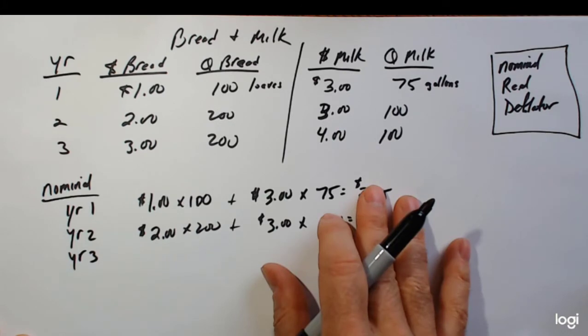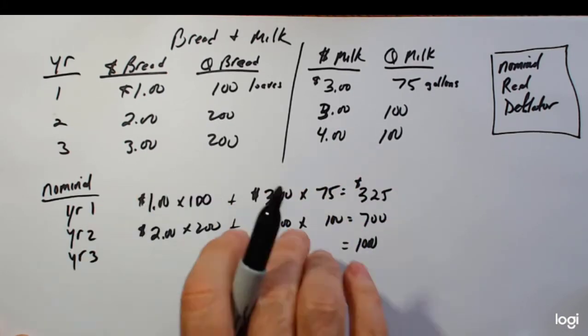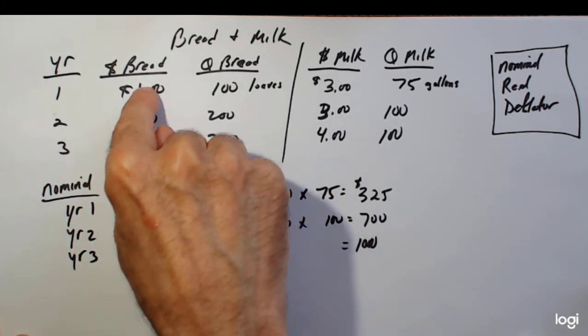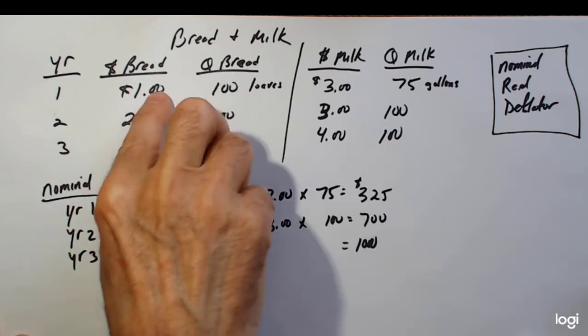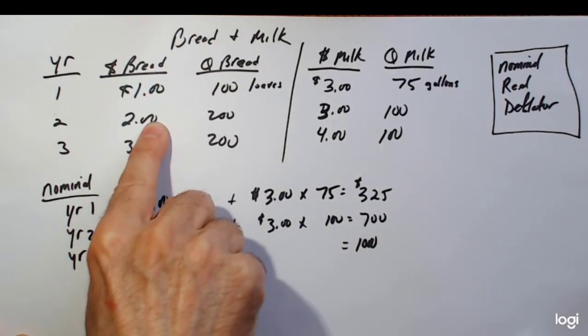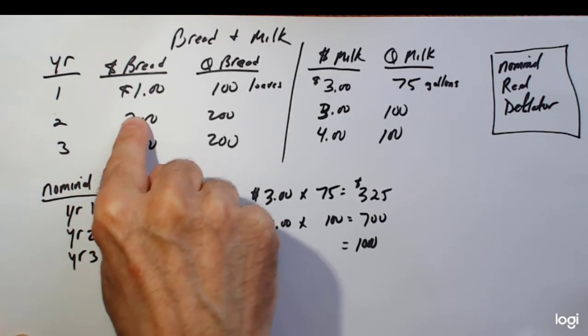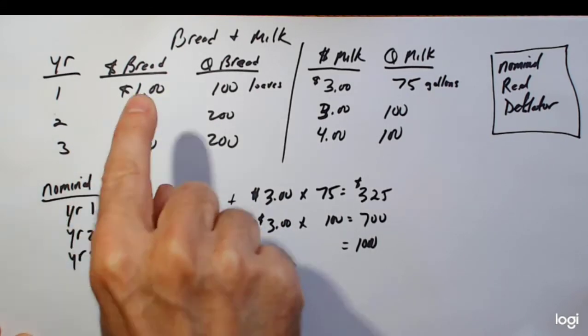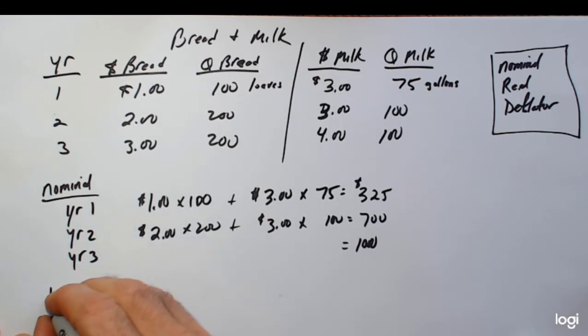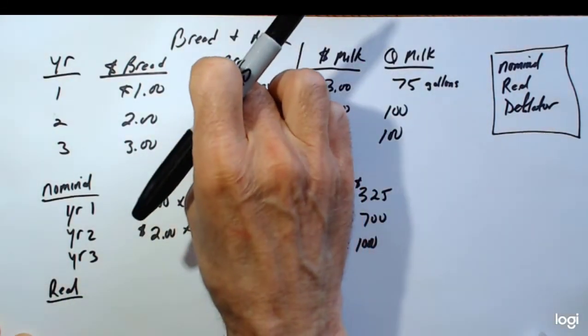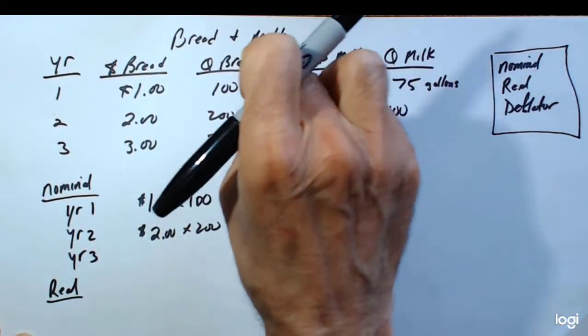Now what we want to do is extract the impact of prices going up. You notice the price of bread doubled. And we want to get rid of the effects of this doubling of the price of bread. And so the way we do that is we calculate real GDP, because real measures the quantity effects of the production. Okay? That's what it's going to do.